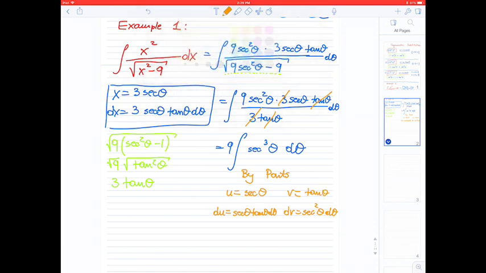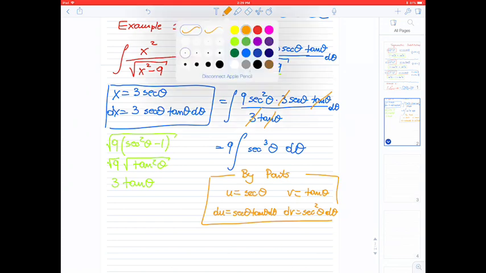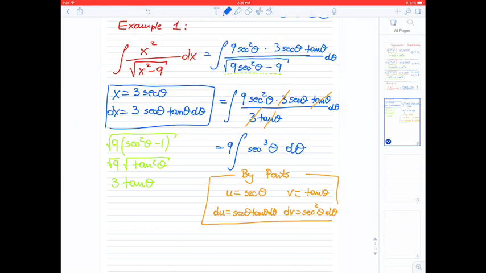Nice and easy. That's my integration by parts, and we do remember the formula: u times v minus the integral of v du.